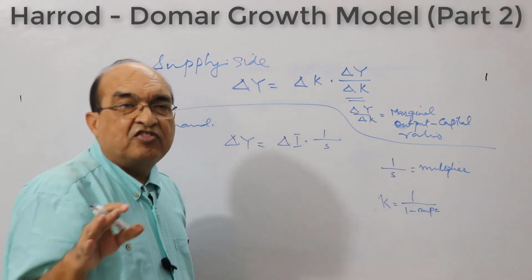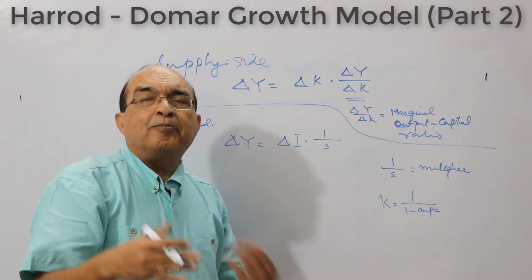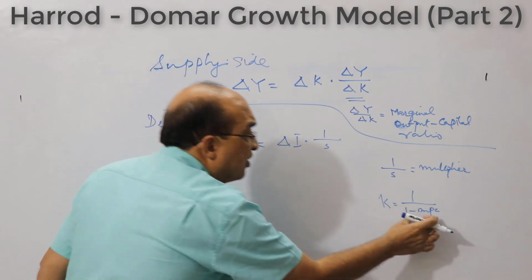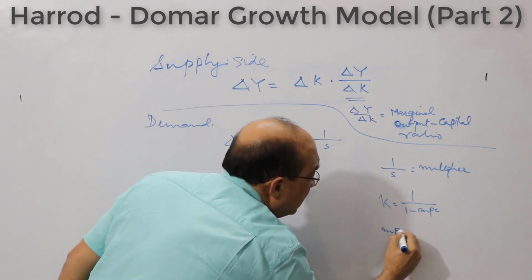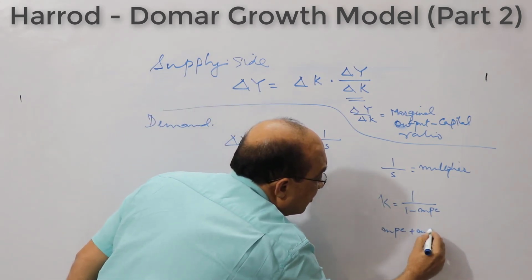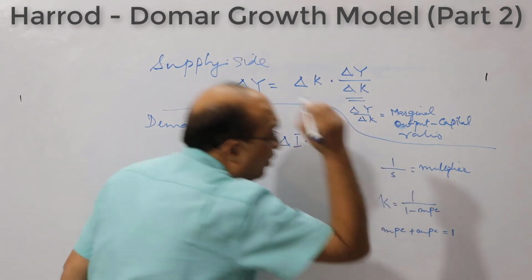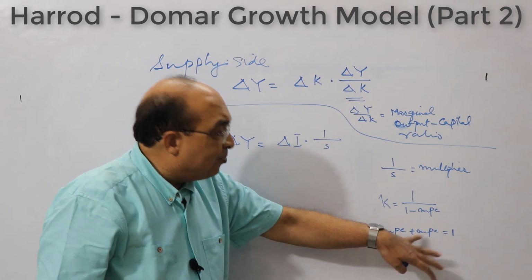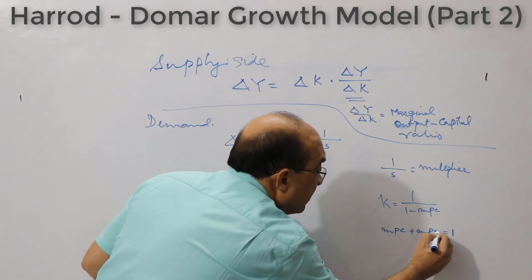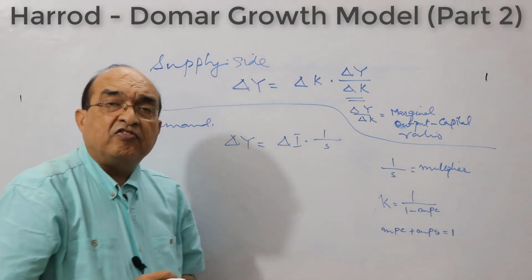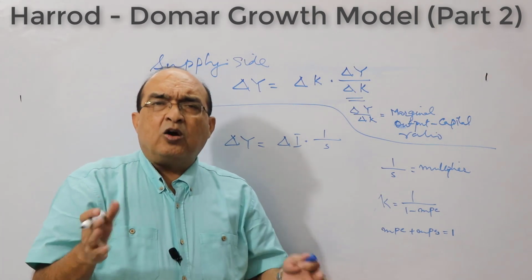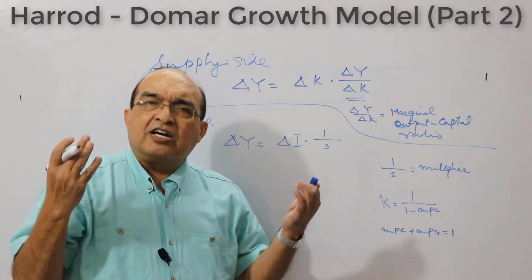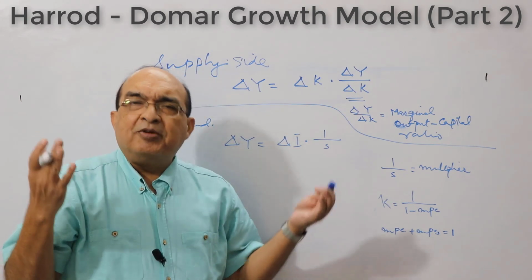This is what we have seen, and we have found that if MPC is higher, the value of the multiplier will also be higher. Since MPC plus MPS is equal to 1, that is marginal propensity to consume plus marginal propensity to save, simply on the basis of the logic that income will either get consumed or it will be saved.